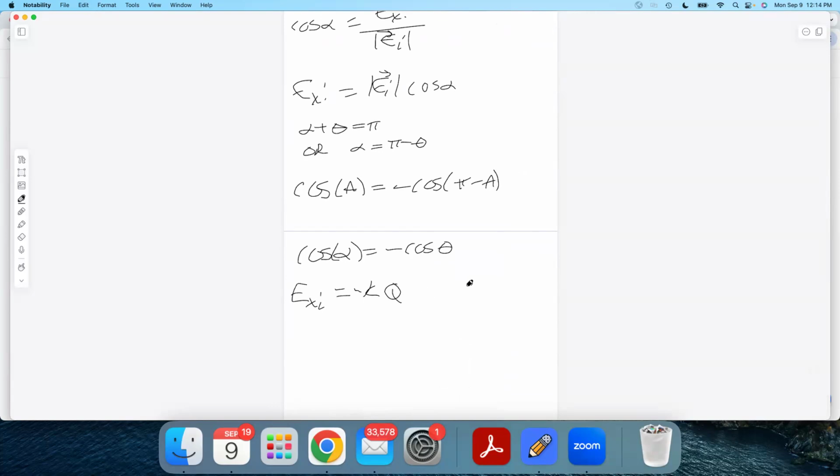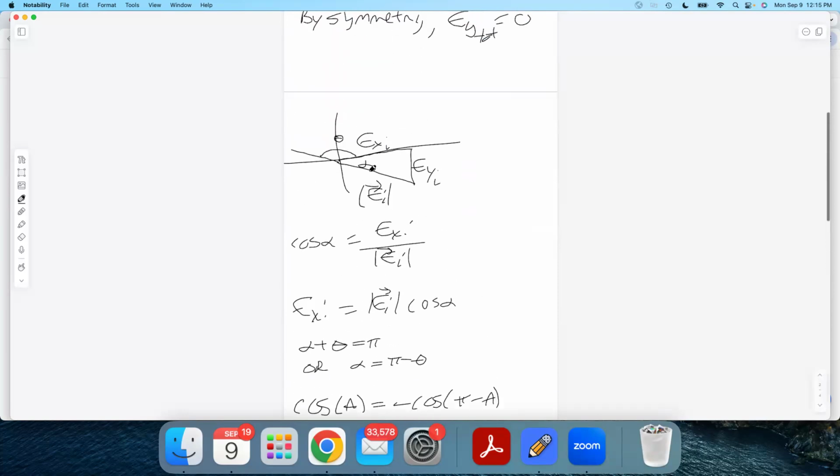I'll put the delta theta at the end. And I've got this cosine of theta. So this here, without the cosine, was just the magnitude of the full electric field vector. Then the x component of that is that times cosine. And we picked up this negative because of this stuff here. This is the angle we're integrating over. This is the angle in our triangle that we've actually drawn, and those two angles are supplements.